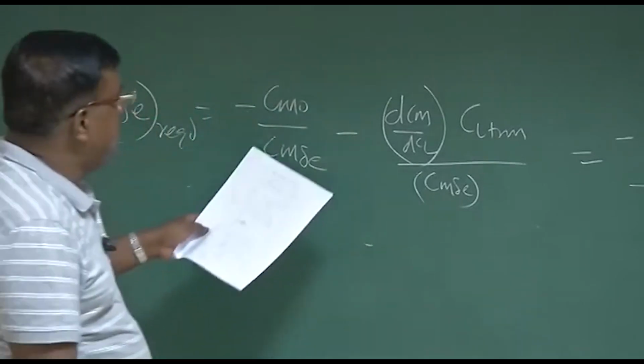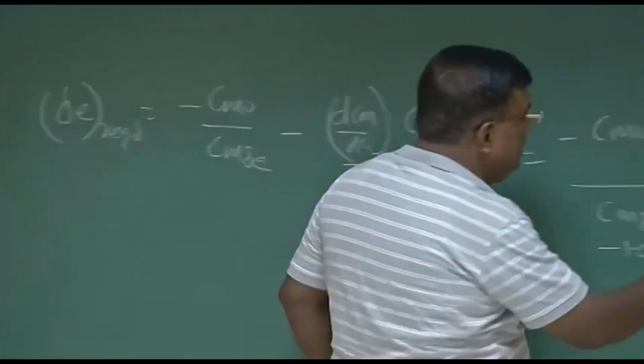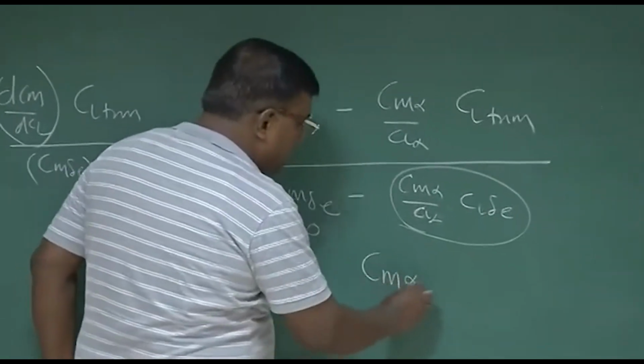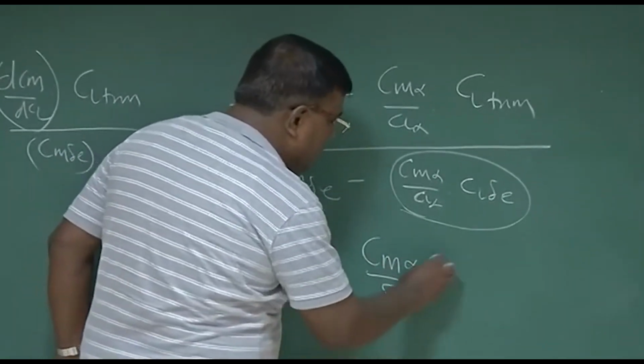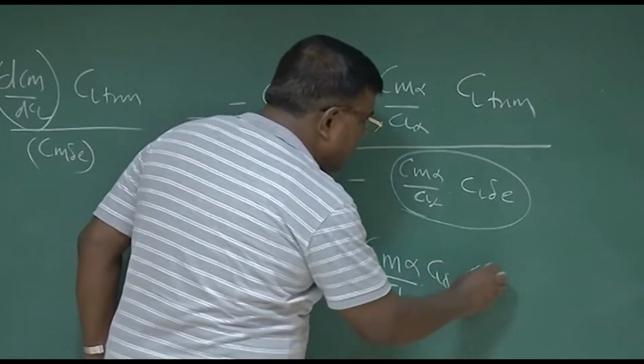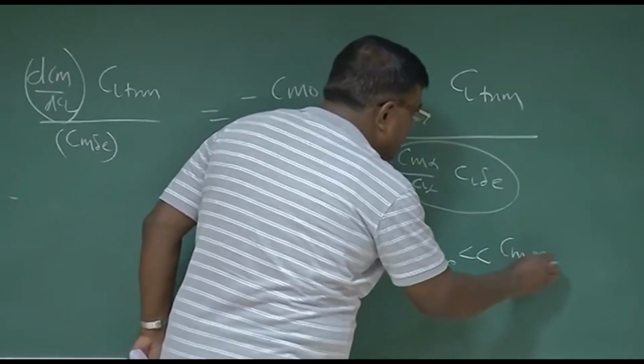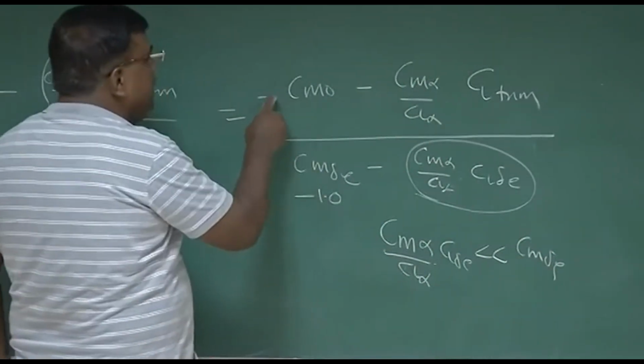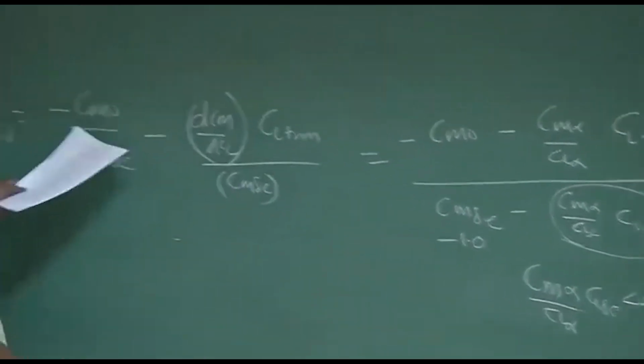Is it clear? This is Cm naught. What we have done? This Cm alpha by CL alpha into CL delta E is less than Cm delta E. So this has gone. So minus Cm naught by Cm delta E is here.